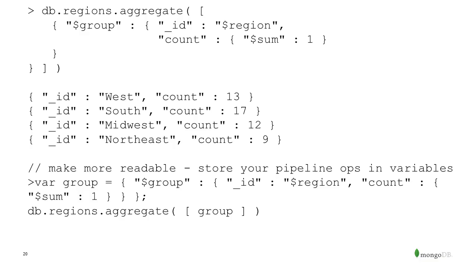I believe I may have seen another question about, do you always have to match before you group? Well, that depends. You might do matching later in a complicated aggregation. You may match, group, and then match again. That all depends.